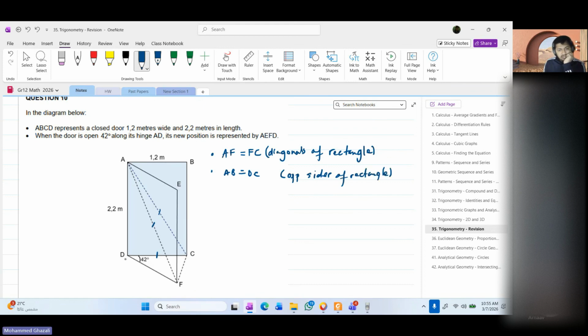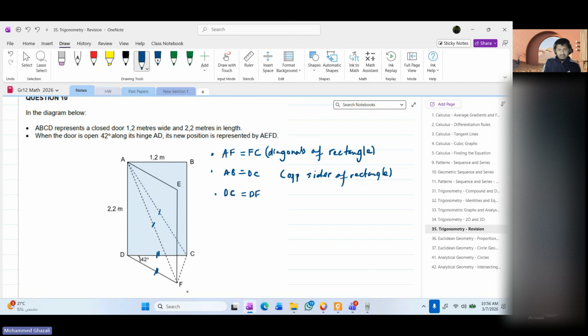And we know that DC is equal to DF. DC and DF are also equivalent because they are sides of rectangle.